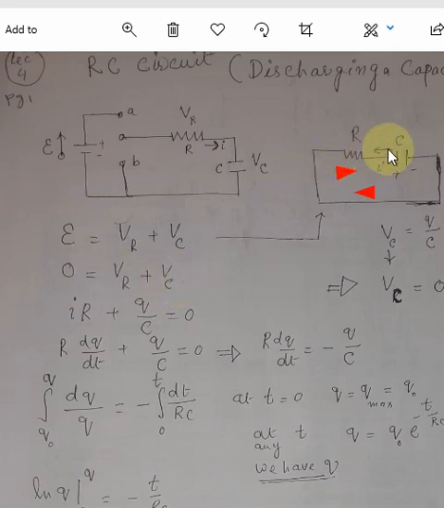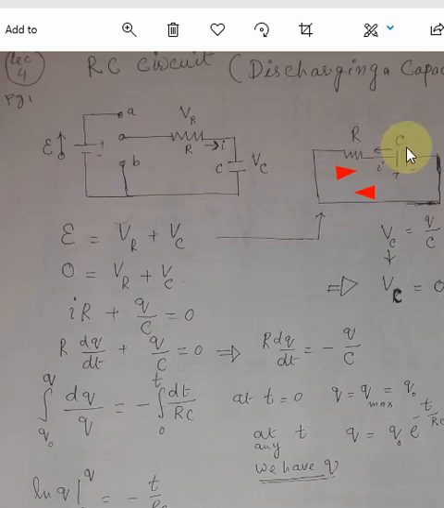And if we move in this direction, then this voltage would be positive, because we are moving opposite to the direction of I, so we will get plus IR. But this would be negative because we are moving from the positive plate to the negative plate.